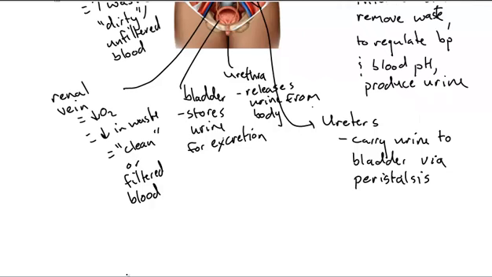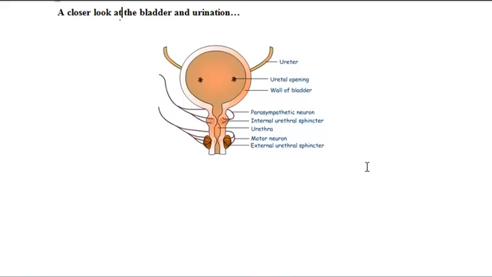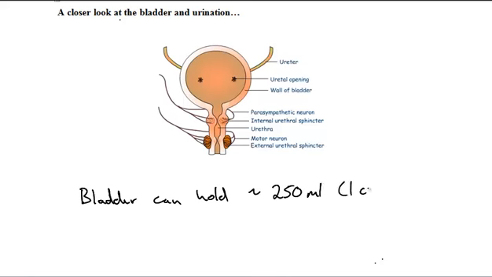Okay. The last thing we're going to look at in this lesson is just a closer look at the bladder and urination. Okay, so typically, unless you're a pregnant female with a developing fetus pushing on your bladder, the bladder can hold approximately 250 mils. That would be 1 cup of urine.